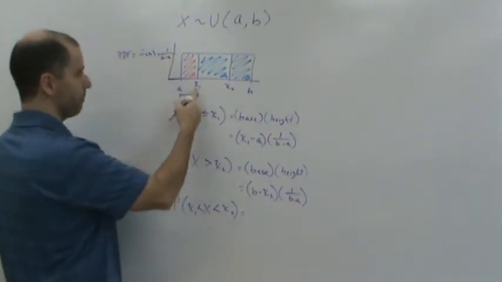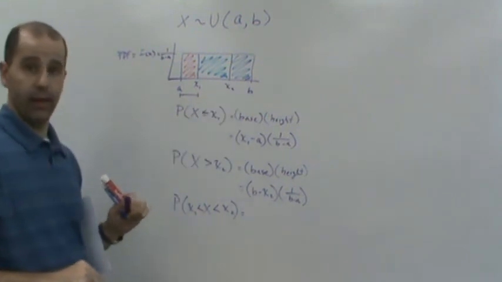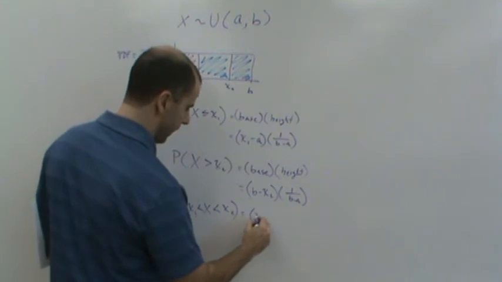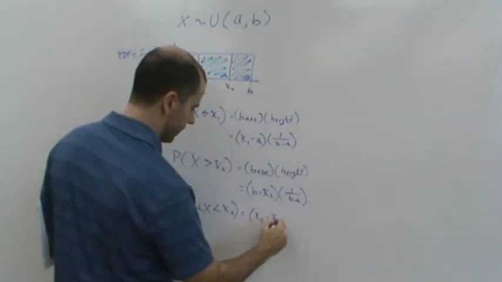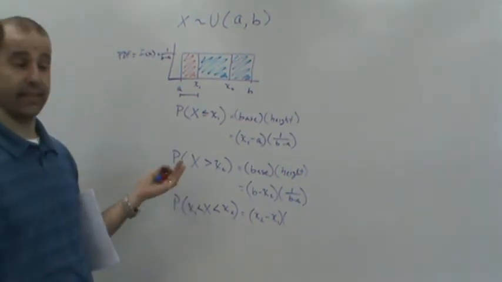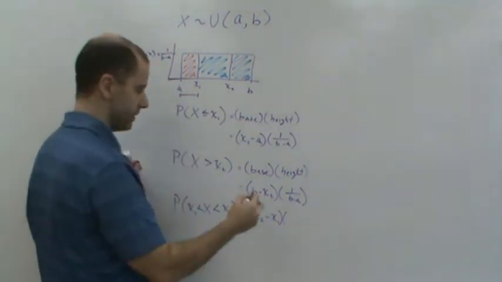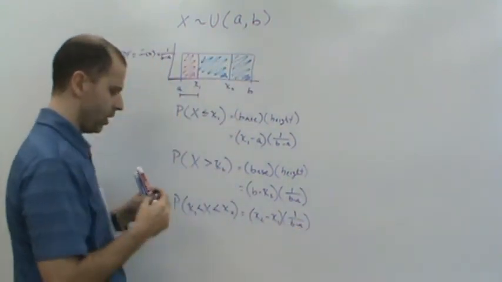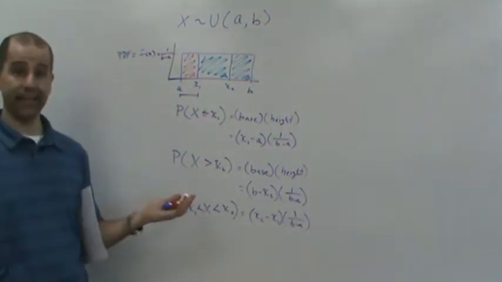What's the base of this rectangle? It's just x2 minus x1. So it's x2 minus x1 times the height. What's the height? The same thing, 1 over B minus A. There you go.